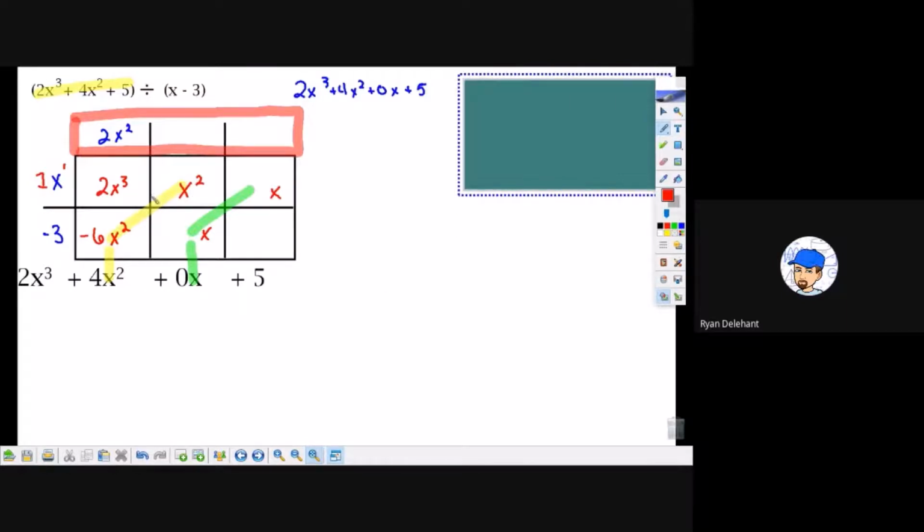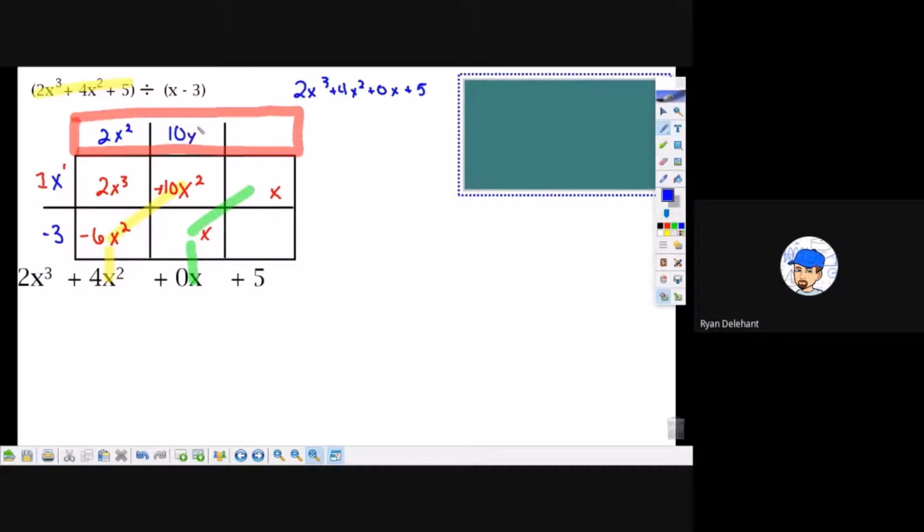So let's keep on moving. So we got to figure the number that goes here. -6 plus something equals +4. That's +10. So that means 1 times something equals 10. This is 10. We need x to the first.